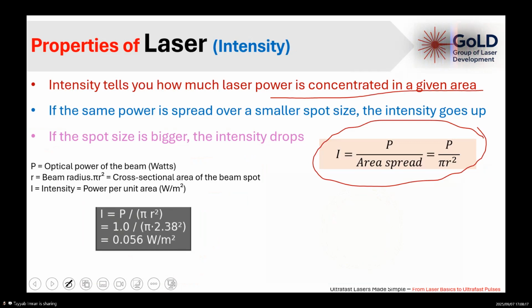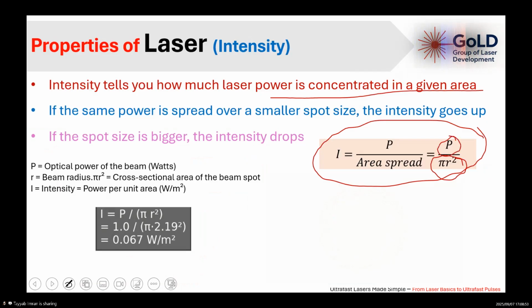This is the simplest formula, okay? There can be complicated stuff, but what I'm showing you is what technologists usually use. The power and area spread, that is, pi R square, where R is the radius. This formula shows that area is inversely proportional and power is directly proportional.